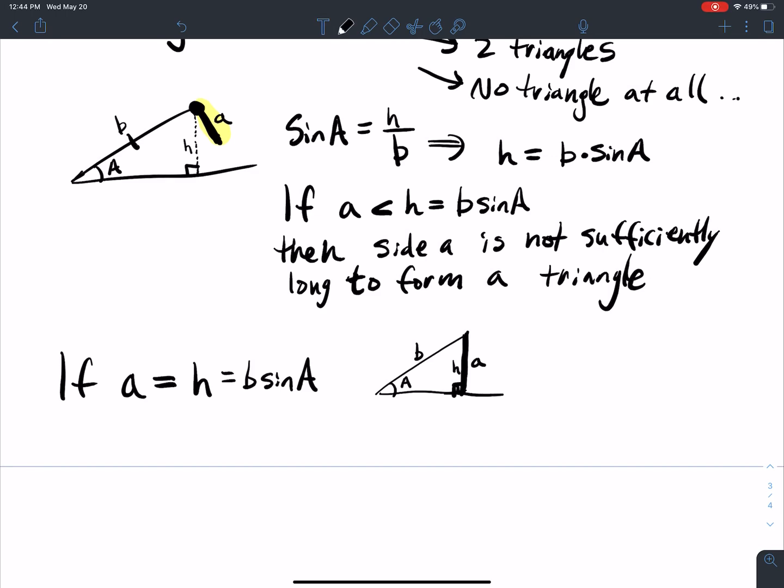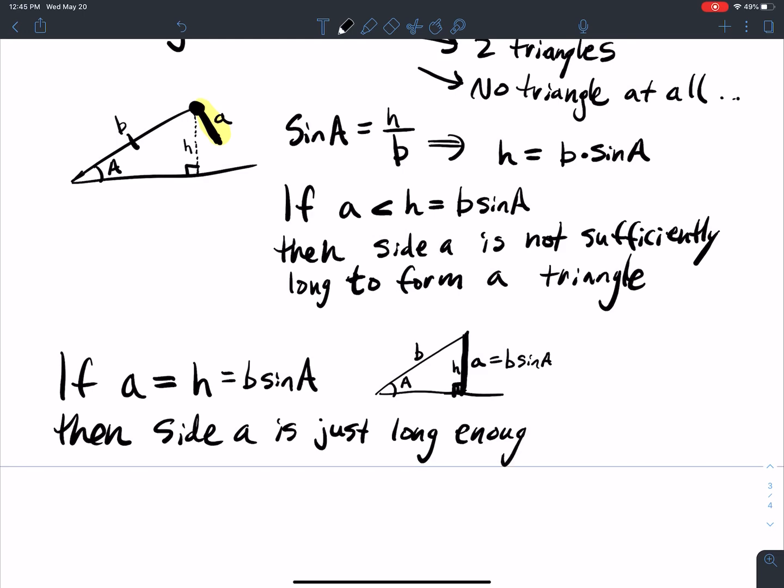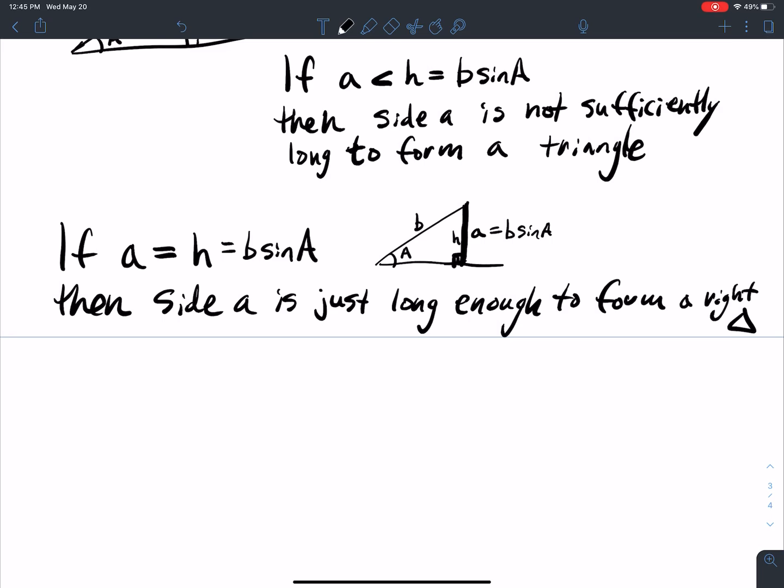That tells me that side A is exactly long enough. It's just long enough to form a right triangle.